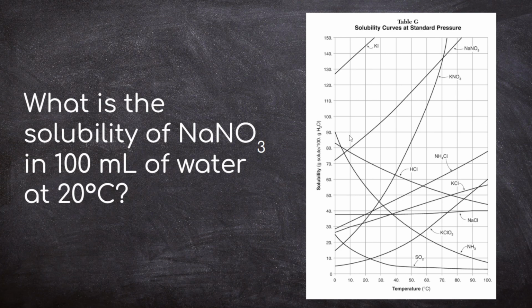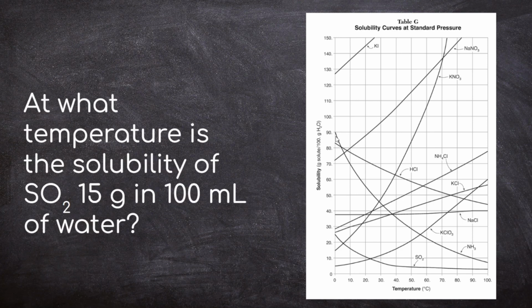Then we go over to our y-axis, and it's just under 90. So I would say that's about 88. So its solubility is 88 grams in 100 milliliters of water.